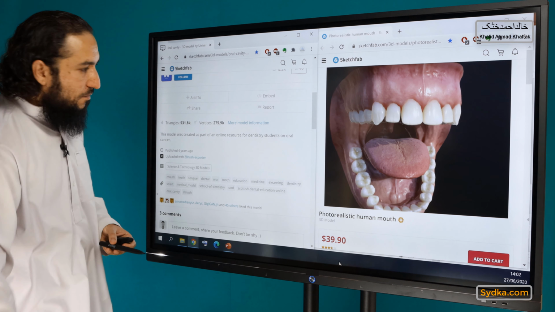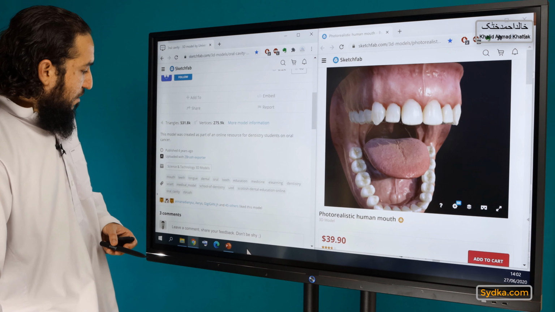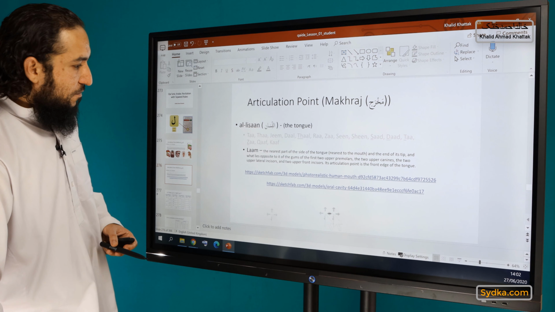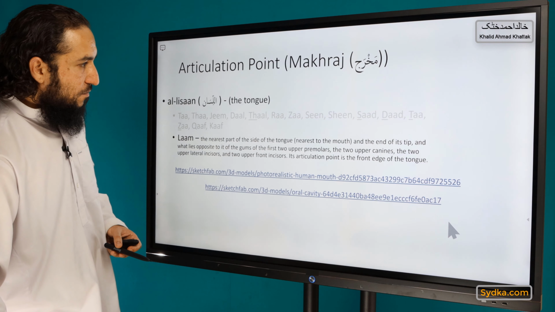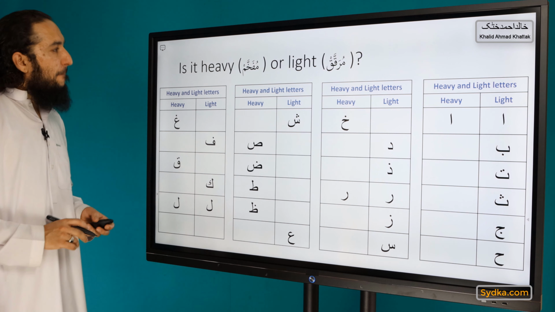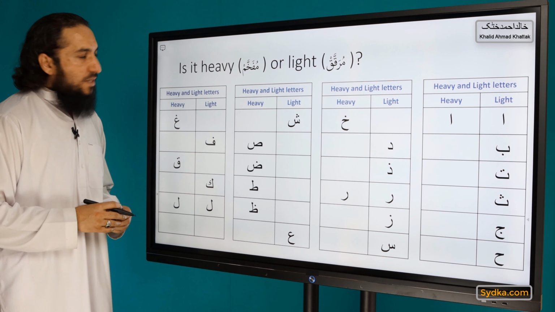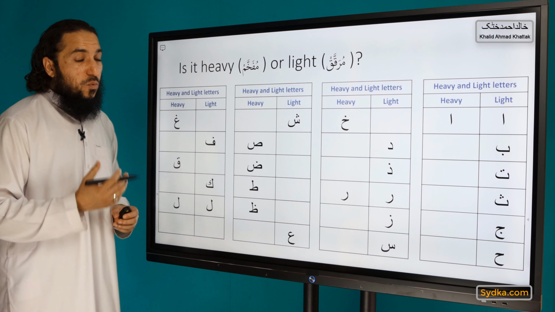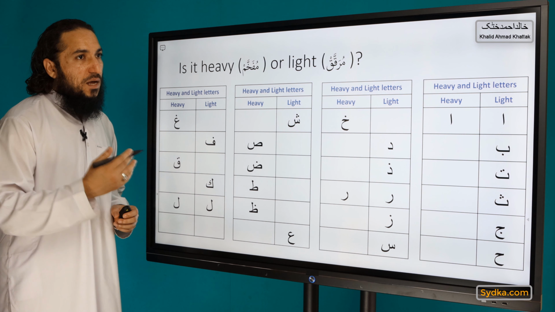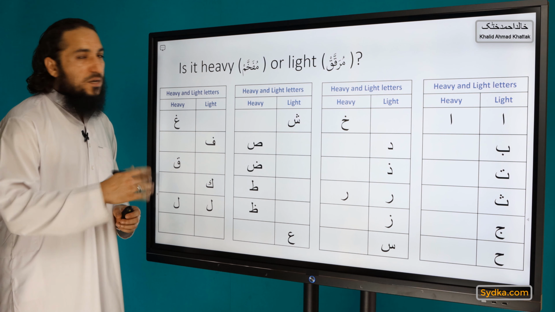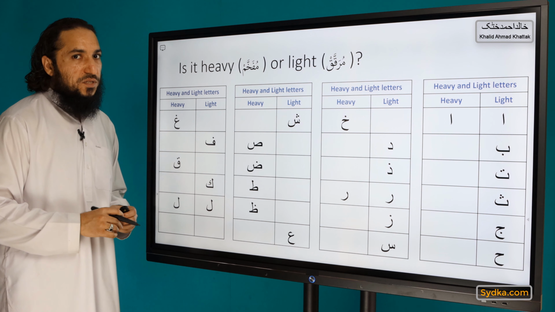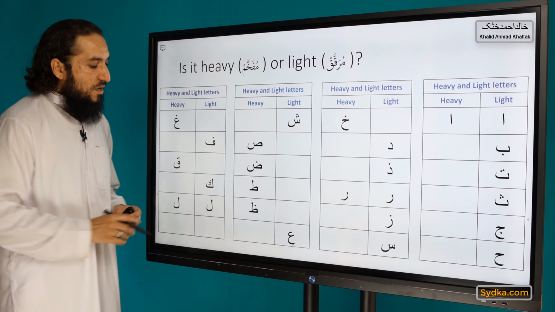Going back to the slides. Is it a heavy or light letter? It is one of the letters that can be light sometimes, and other times it can be heavy, depending on the situation when it is used.